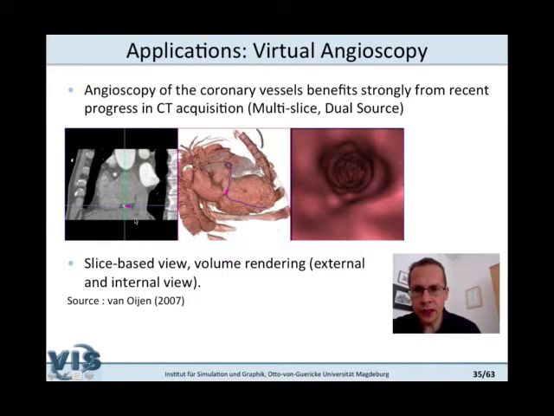Yeah, what do we see here? A slice-based view indicating camera position and orientation. An external 3D view, yeah, that shows the coronary arteries and also the specific position where the virtual camera is inside, and that is actually the inside view. Honestly, that tells you not a lot.